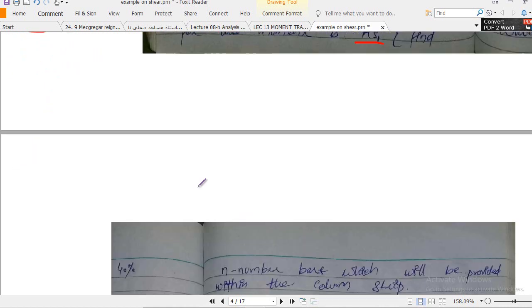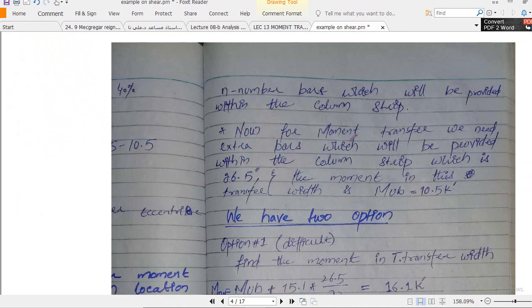So what will be the procedure? The procedure is simple. Remember, for moment transfer we need extra bars, as I already explained, which will be provided within the transfer width. This is not the column strip, it is the transfer width.